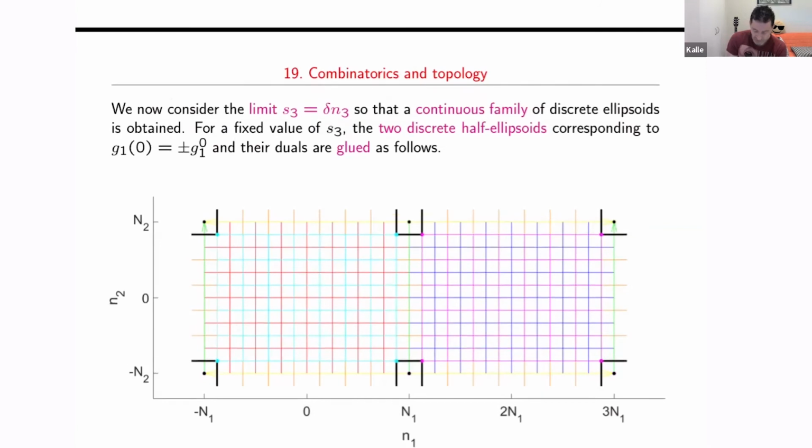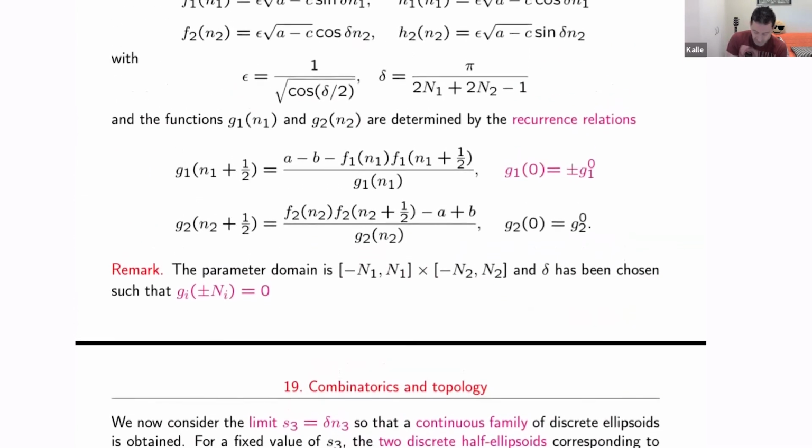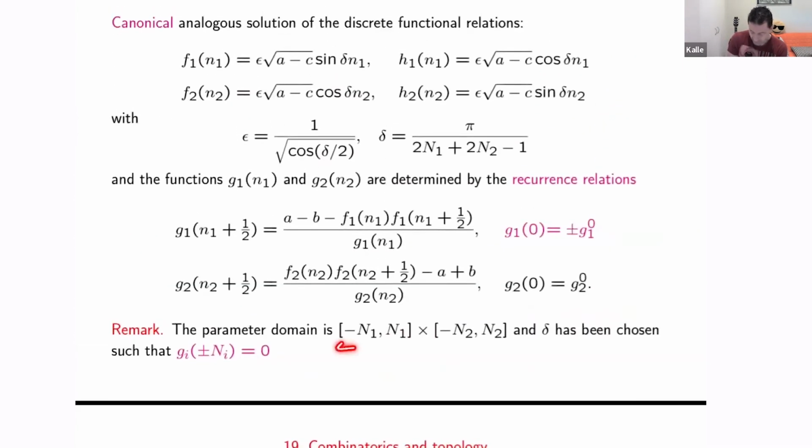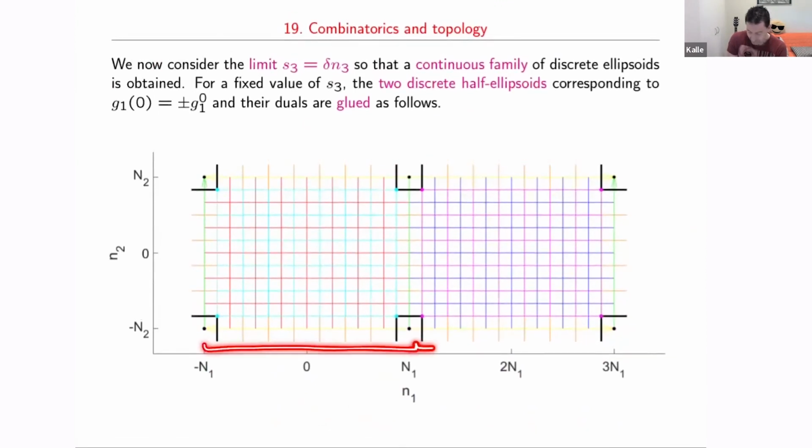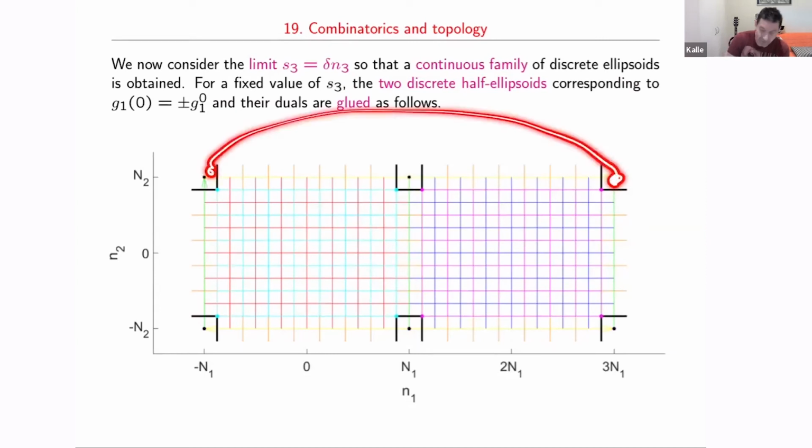And then we take this domain and the same domain basically for the other half of the discrete ellipsoid, and then we just glue those two domains, as you can see, like this. Then we fold it along this line, and so this point here becomes this point, and this point becomes this point.